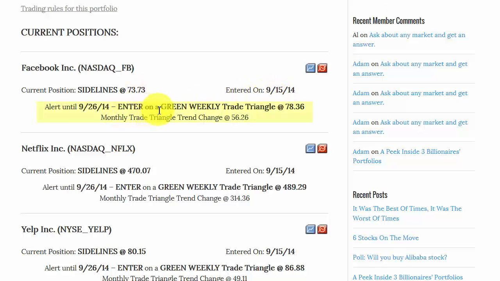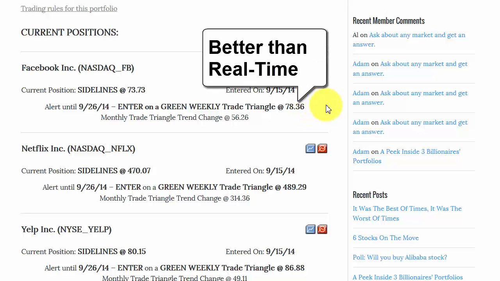We will re-enter a position at 78.36. So you should have stops in on Facebook at 78.36 to get long, because the major trend is still positive. The weekly trend is negative, so you will turn positive when and if Facebook trades at 78.36. Now that's a huge advantage, knowing beforehand. This is better than real time. This actually tells you before the market gets there what you need to do.